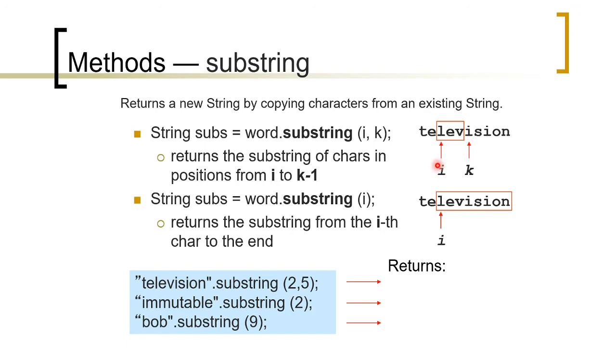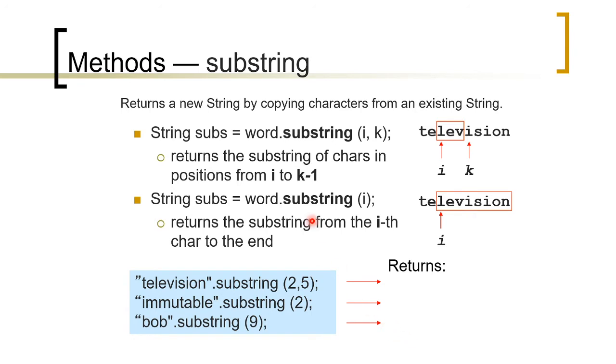That means the value of i should be 2, and then the value of k is 5, because 0, 1, 2, 3, 4, 5, minus 1, okay? So, i to k minus 1. So if it is 2 to 5, that means you will be extracting the substring from index 2 up to index 5 minus 1, which is 4. So that means LEV. So, index 2, index 3, and index 4.